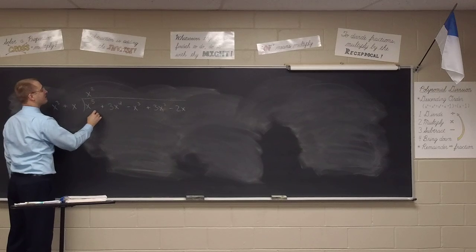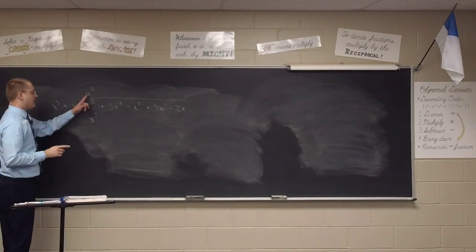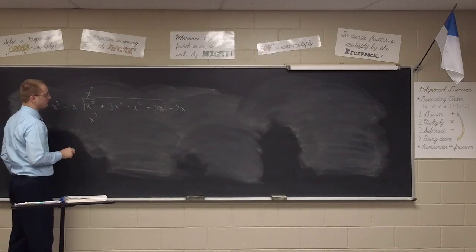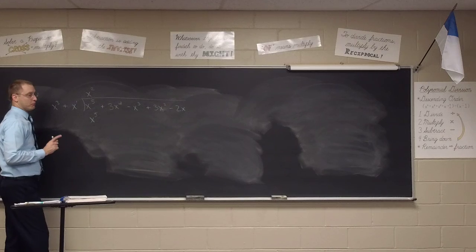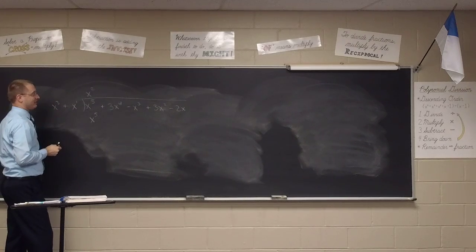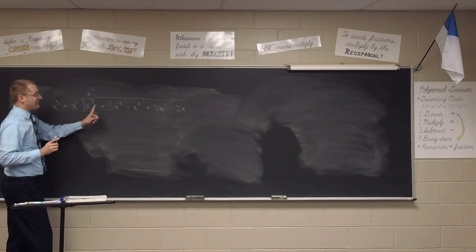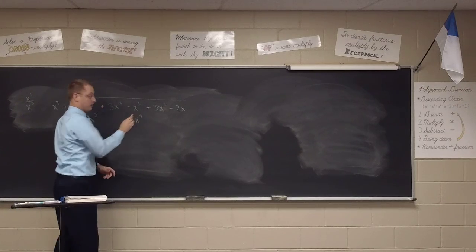X to the 5th. Right, here you write about the 5, but it's an x to the 5th. And then here, multiply like bases, add the exponents. X cubed. Now notice, that can't go right here. That goes right here. Does that make sense?